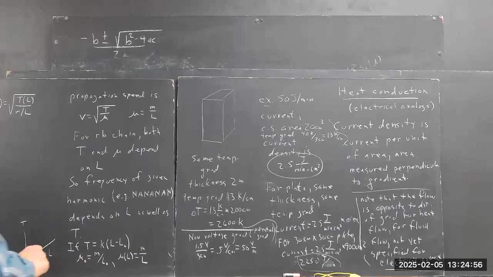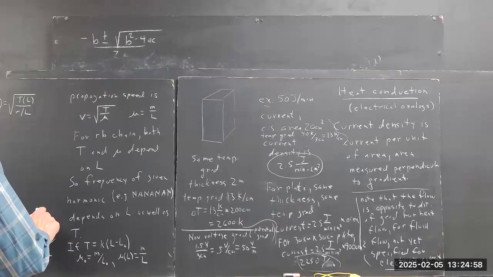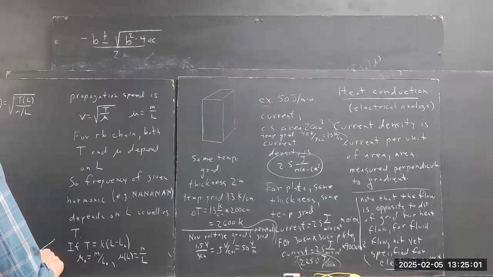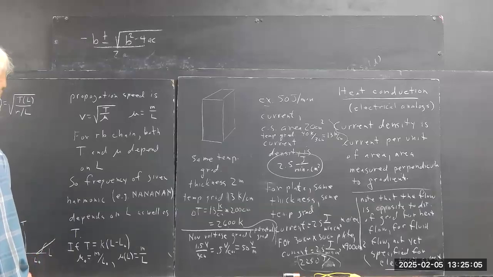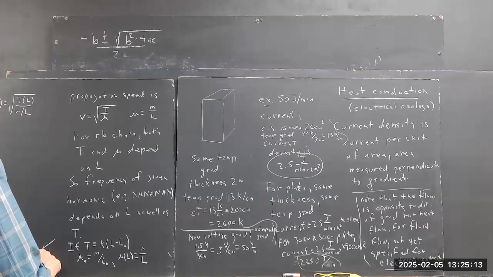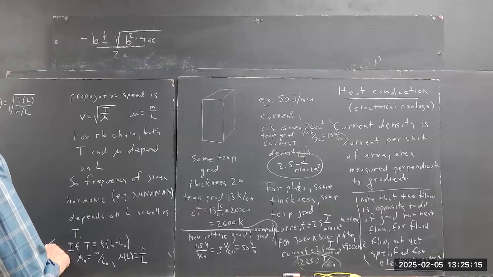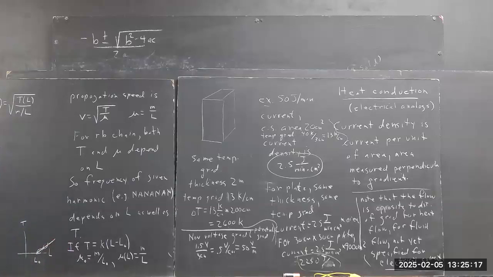Really, instead of linear, it's more like that, maybe something like that. It stays pretty close to linear, and if we assume the linear function, we're pretty close in everything that we want to measure and predict.